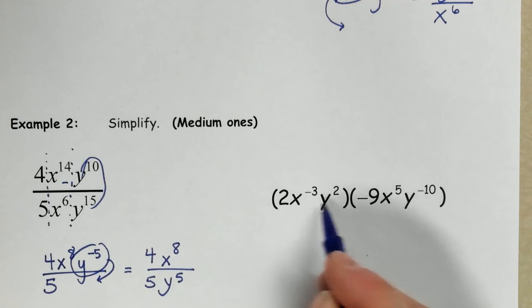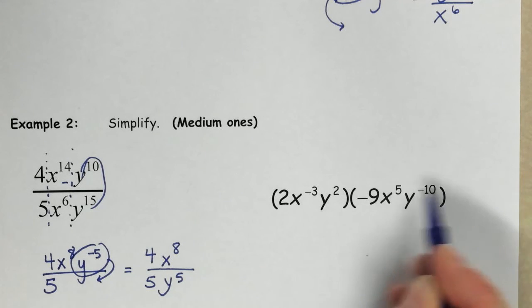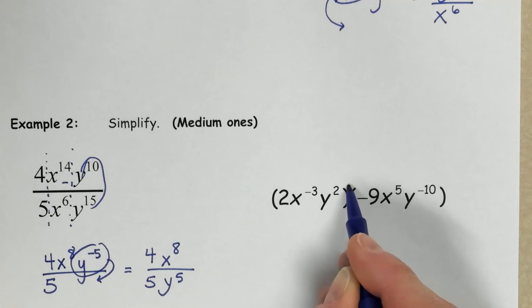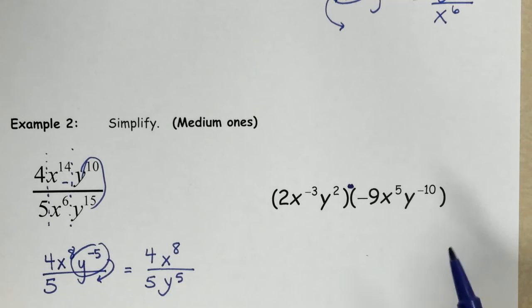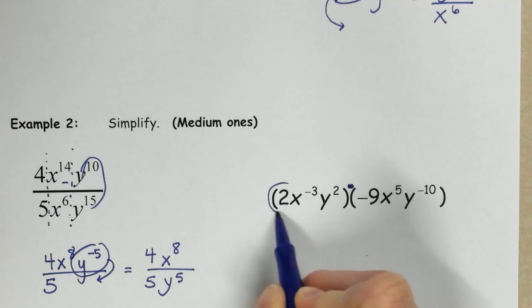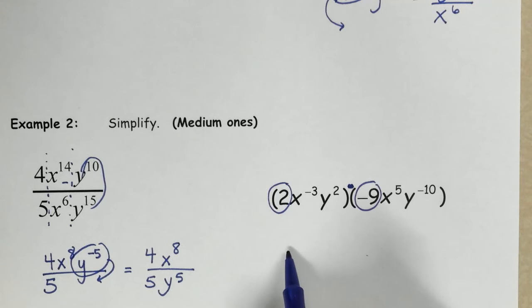And a third one that combines rules from yesterday. Here, there are no exponents outside the parentheses, so these parentheses are just used as a multiply problem. So we want to multiply common types of numbers. We want to multiply our coefficients, 2 and negative 9, multiply to make negative 18.